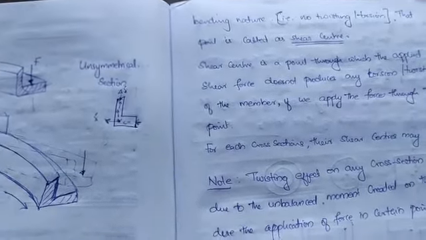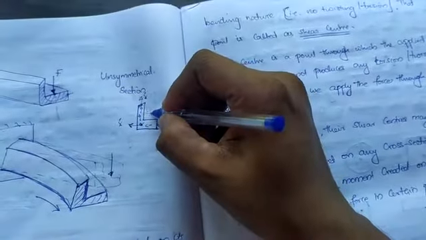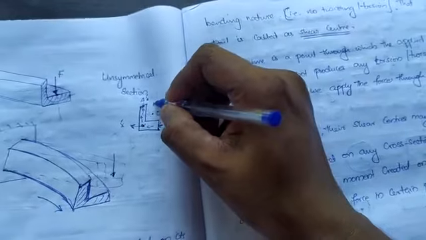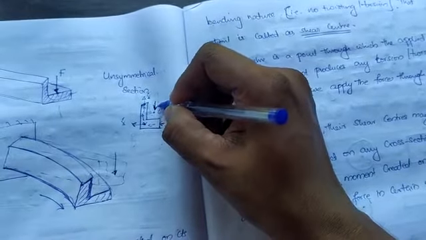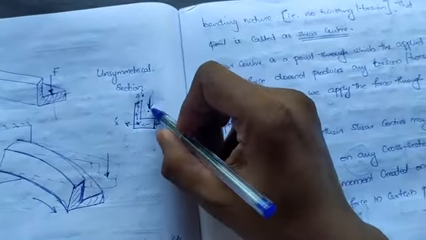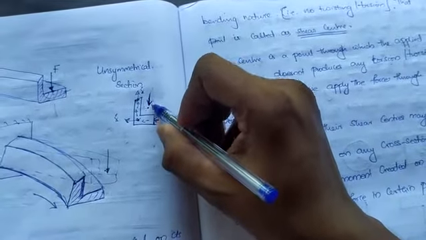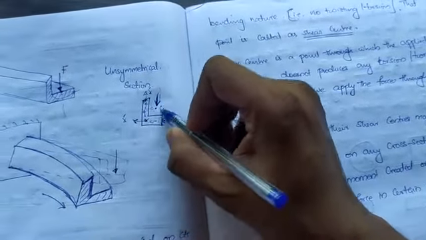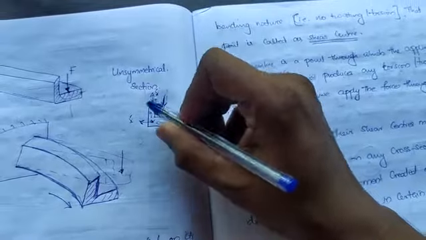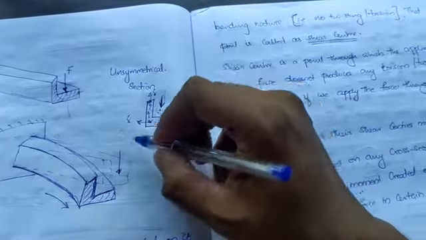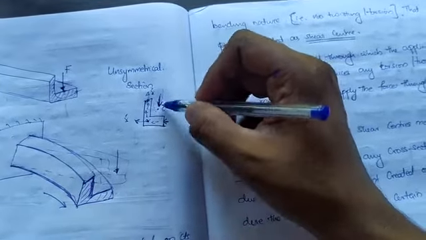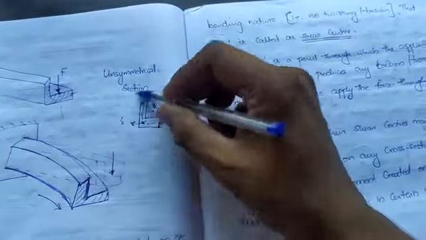Somewhere around this point we have a shear center, and we are applying a load along this direction, then this force should be such that there is no twisting in this member.